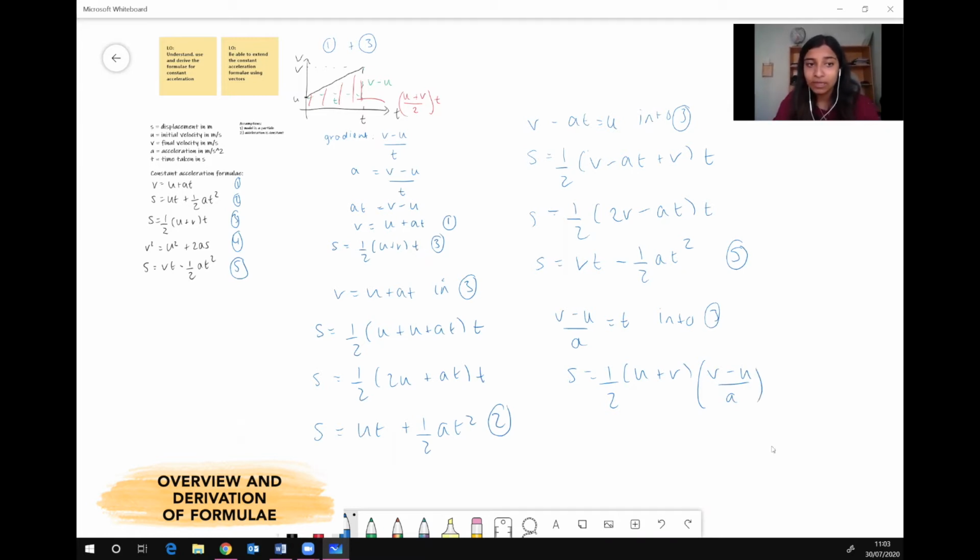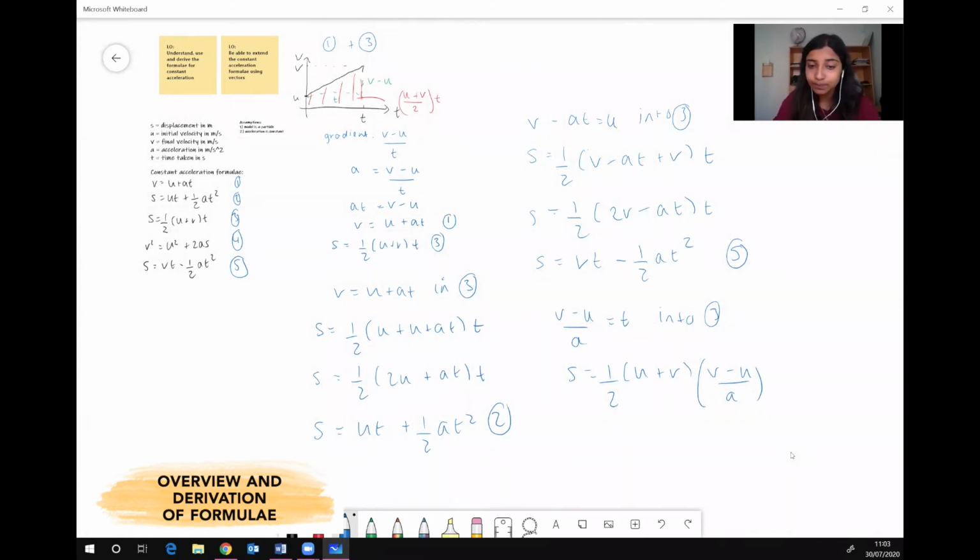So now if we were to simplify this, we can say s is equal to (u plus v) over 2 times (v minus u) over a. The first thing we can do is get rid of our denominator, so multiply both sides by 2a.